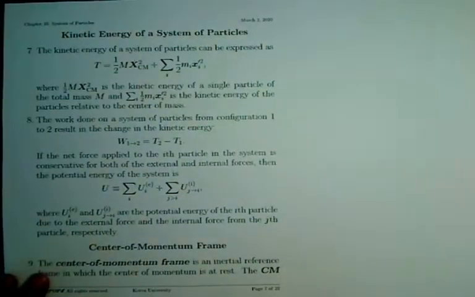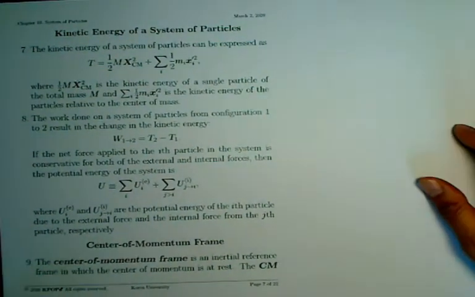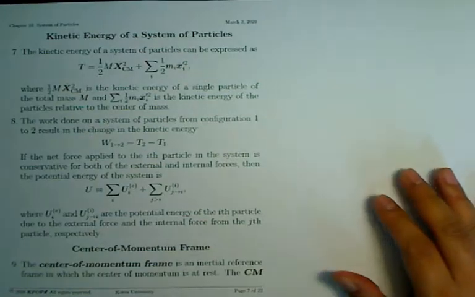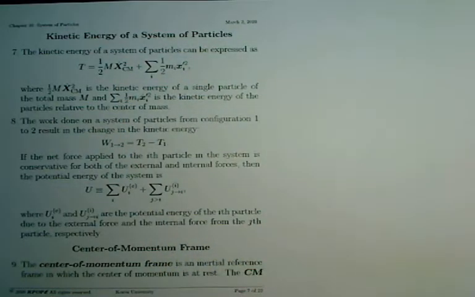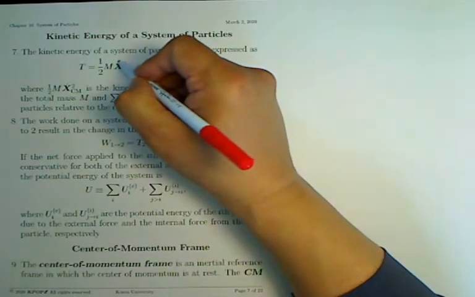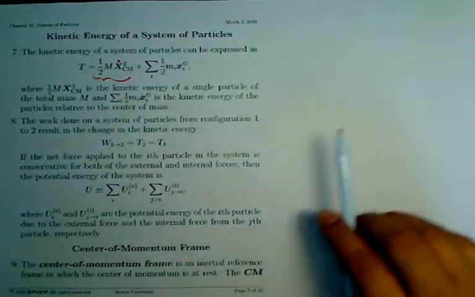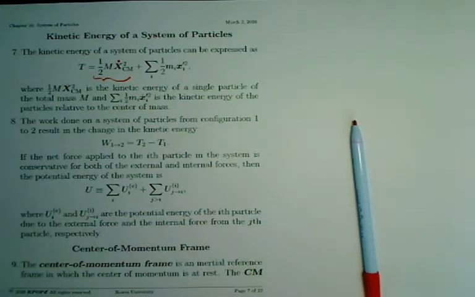In addition, we can consider the kinetic energy of the system, and it can be expressed as a sum of this amount. That is just like a point particle of total mass capital M placed at the center of mass, a translational kinetic energy of the center of mass as a point particle.